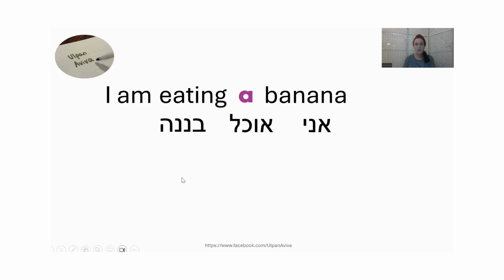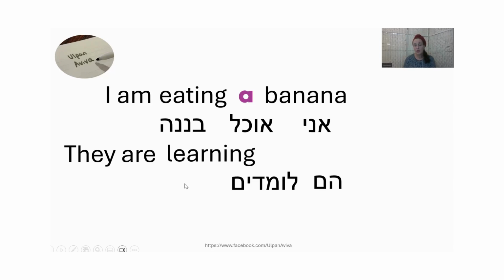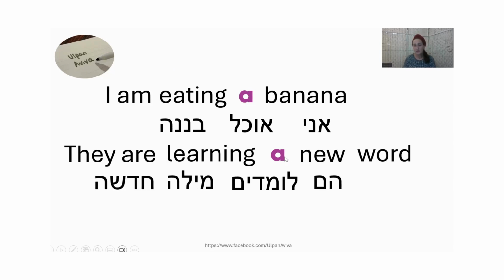Or if we go to our second example, they are, hem, learning, lomdim. Then we have this a again, and then we have new word, milah chadasha. If you've noticed, in Hebrew the order of the noun and the adjective is reversed compared to English, but again, that's a lesson for another day.